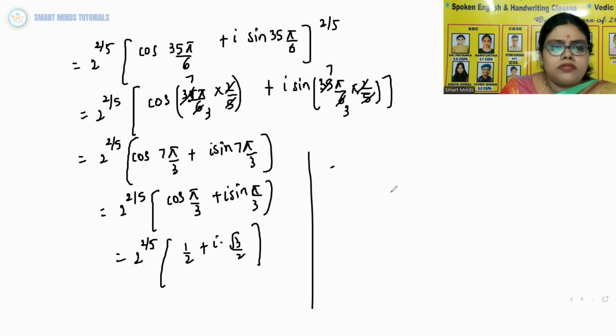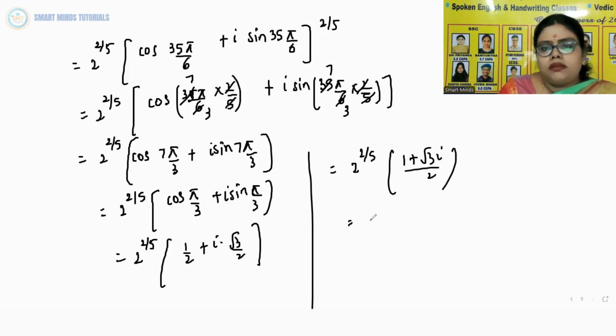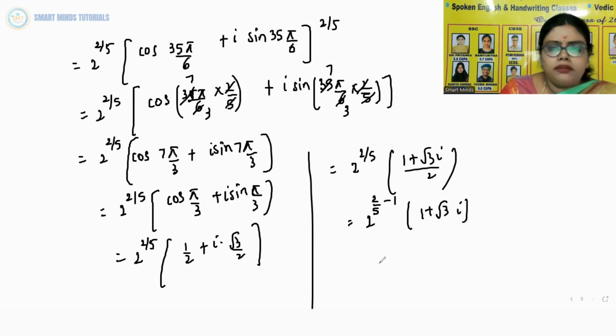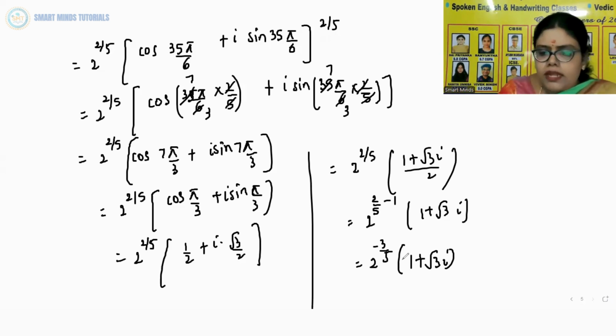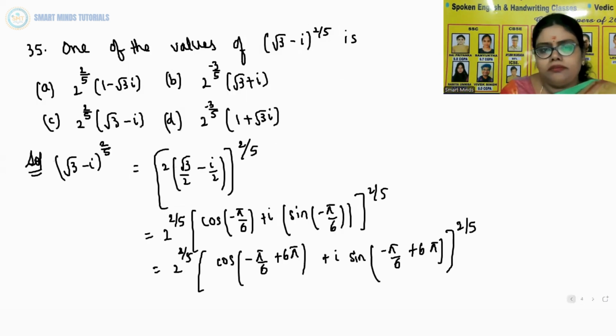So that becomes 2 power 2 by 5 into 1 plus root 3 i by 2. So that is 2 power 2 by 5 minus 1 into 1 plus root 3 i. So that is 2 power minus 3 by 5 into 1 plus root 3 i. That is option D.